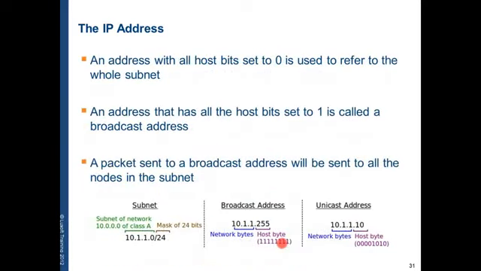We also have some special IP addresses. An address with all host bits set to 0 will refer to the whole subnet. We have here an example. You have 10.0.0.0.